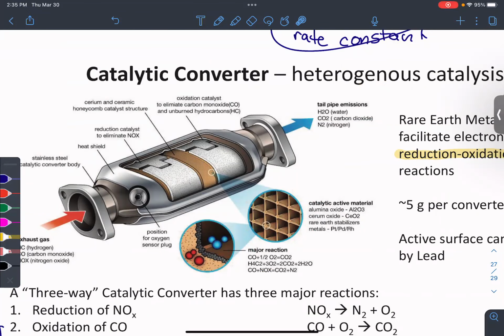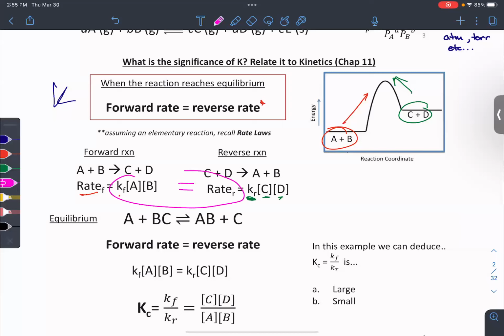Remember what chemical equilibrium is. It's when the forward rate equals the reverse rate. So essentially, I can just set these two equations equal to one another. That is what chemical equilibrium is, where we set the two rate laws, forward and reverse, equal to one another. So cool. What's the point here? I have this expression that relates Kf and Kr and concentrations of things.